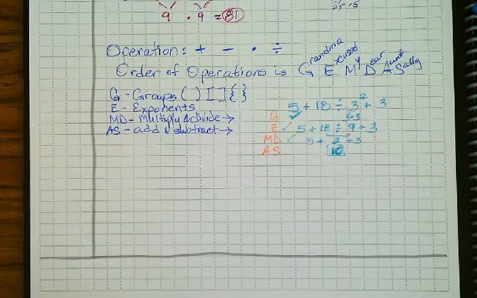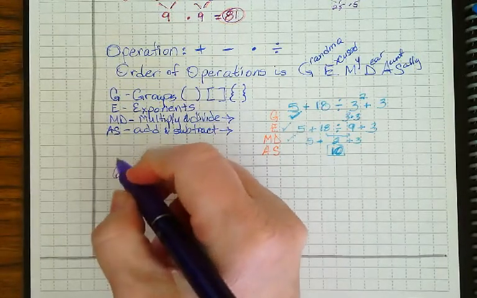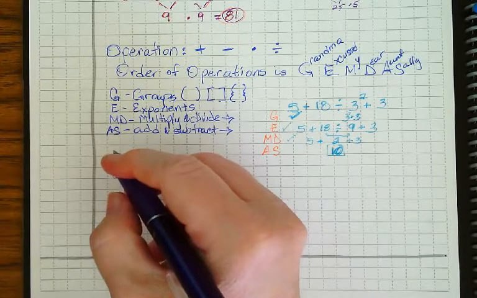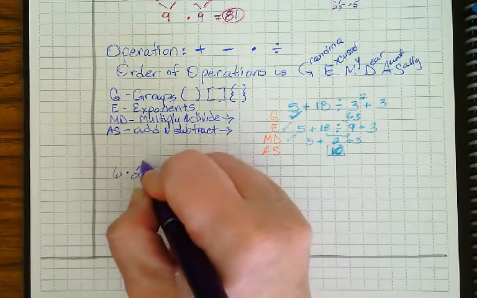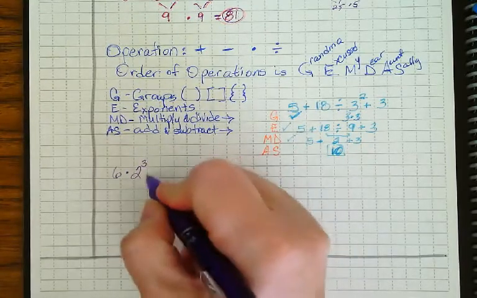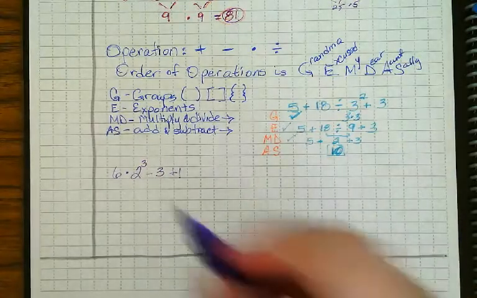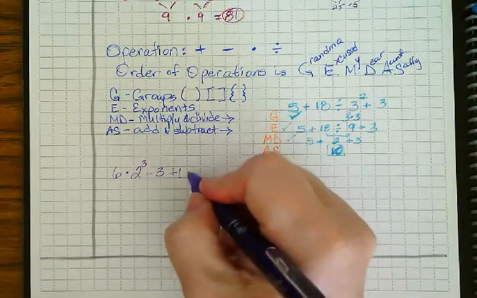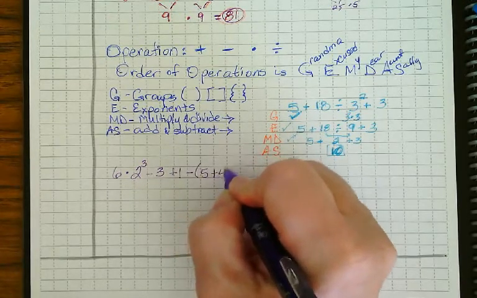So let's try, how about 6 times 2 to the 3rd power minus 3 plus 1, minus the quantity of 5 plus 4.